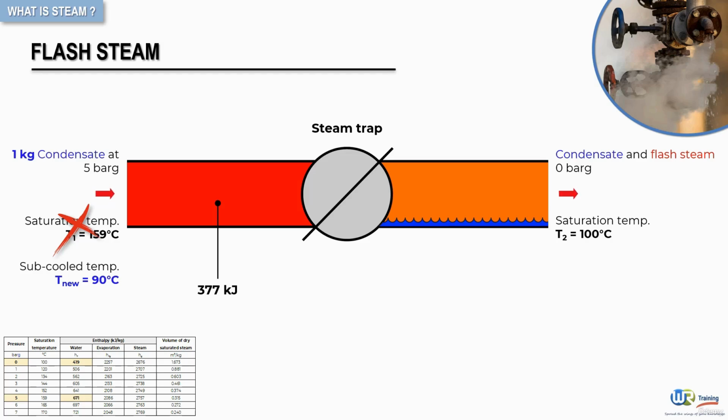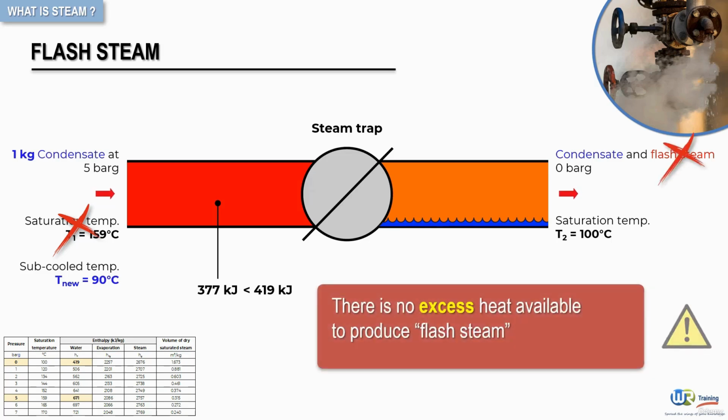As this enthalpy is less than the enthalpy of 1 kg of saturated water at atmospheric pressure, there is no excess heat available to produce flash steam. Therefore, the condensate simply passes through the steam trap and remains in a liquid state at the same temperature, but lower pressure, atmospheric pressure in this case.